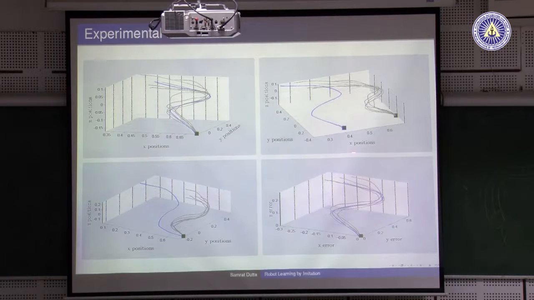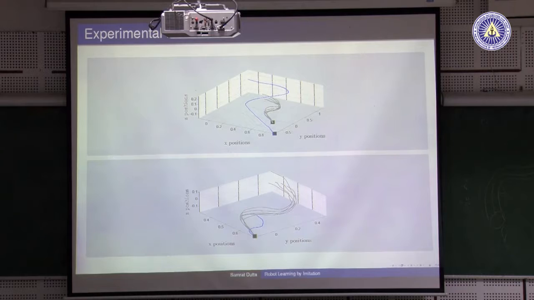And this is another one. And this is how the error is changing in the workspace. And this is about spatial scaling. We want a bigger trajectory than we showed, and it created one like this using that transformation technique. Again, we created a smaller trajectory using that transformation technique.